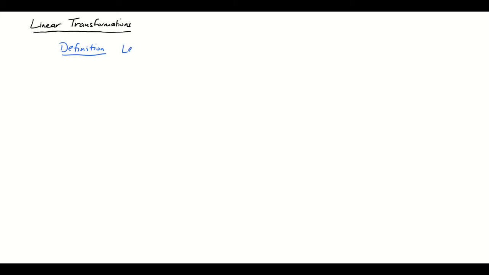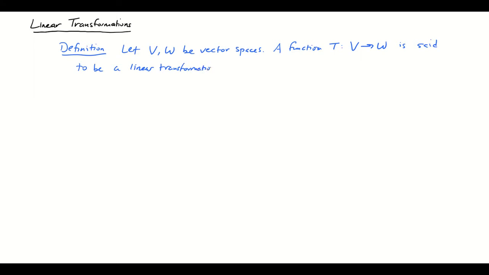So here's a definition. Let V and W be vector spaces. A function T from V to W is said to be a linear transformation or linear map from V to W if it has the following properties.